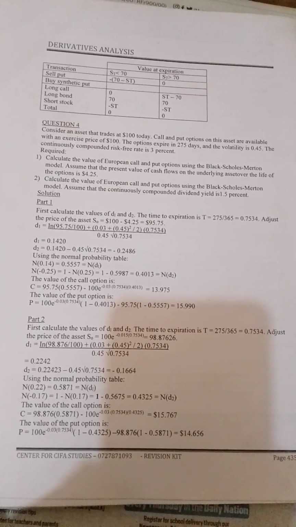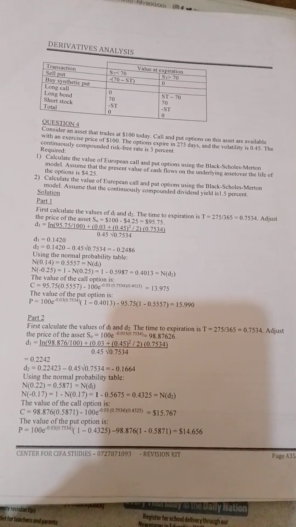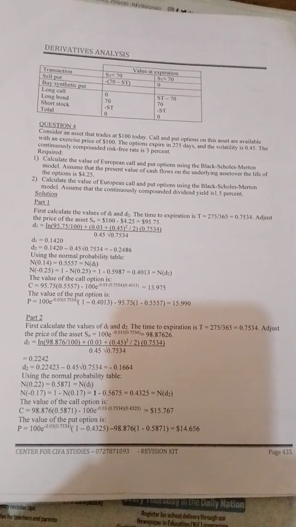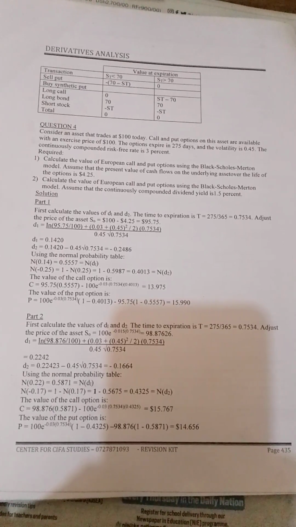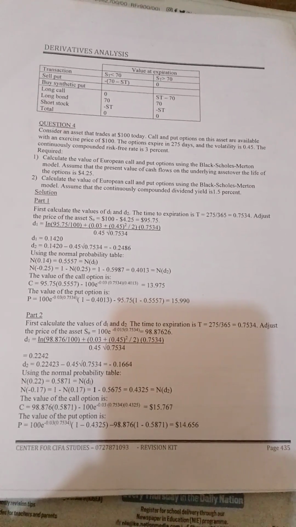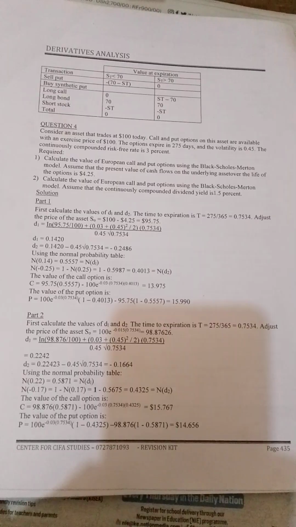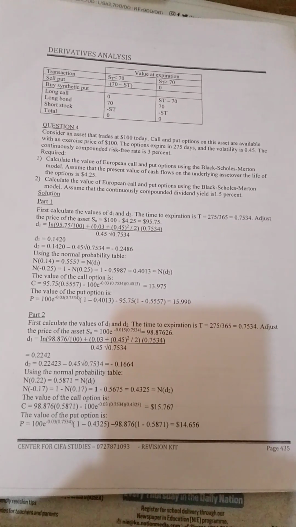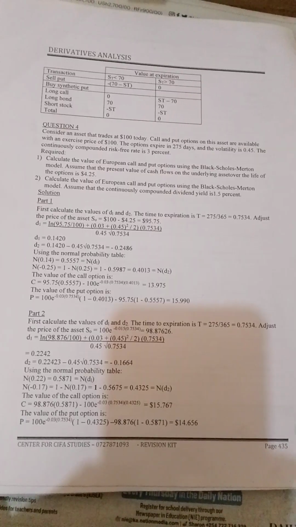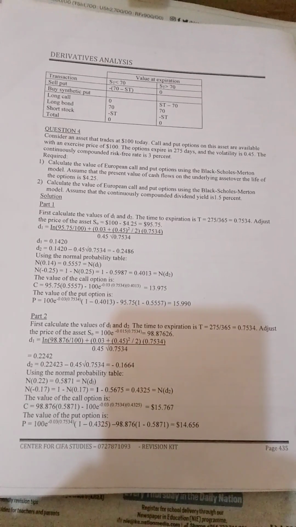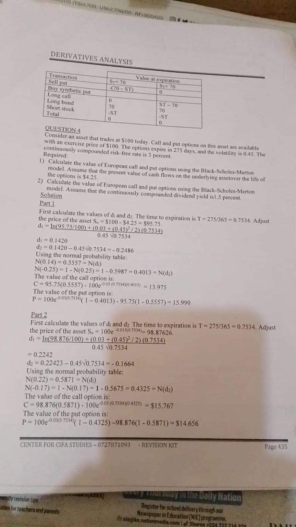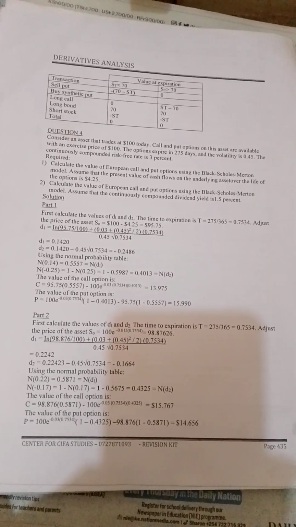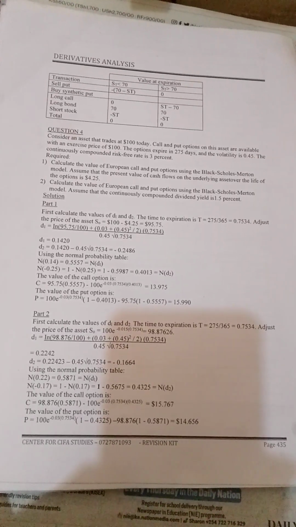Call and put options on this asset are available with an exercise price of $100. The options expire in 275 days and the volatility is 0.45. The continuously compounded risk-free rate is 3%. Required, calculate the value of European call and put options using the Black-Scholes model.